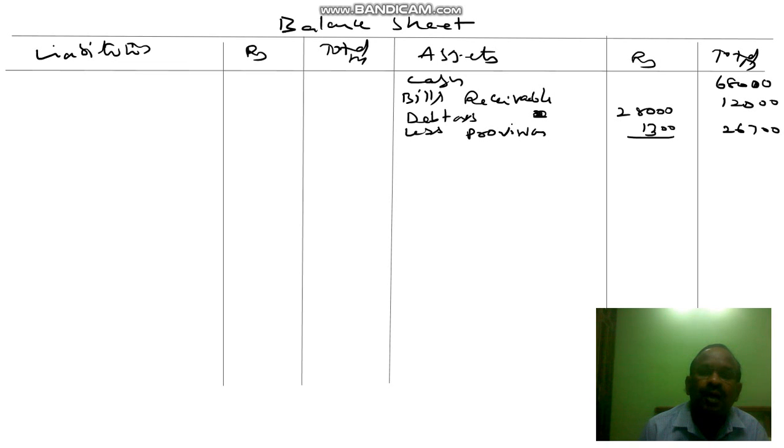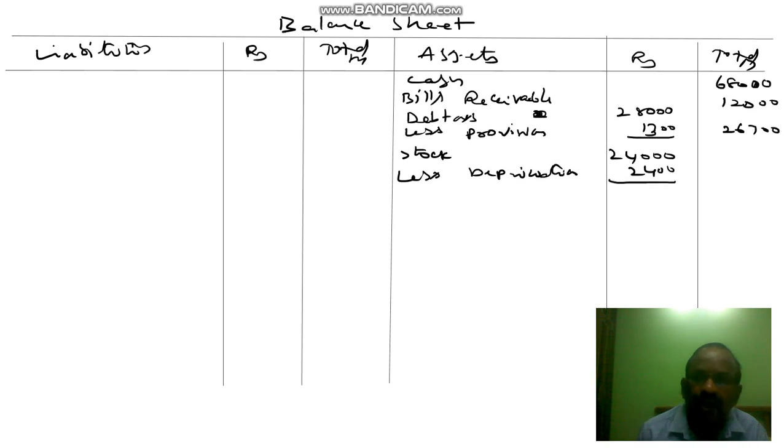Next is stock. Here the stock is 24,000 less depreciation of 10%, so the remaining balance is 21,600.